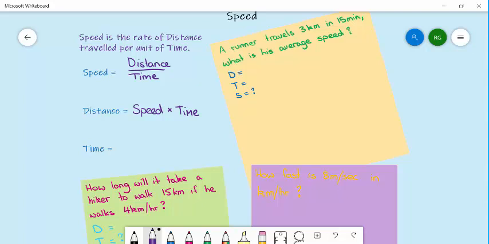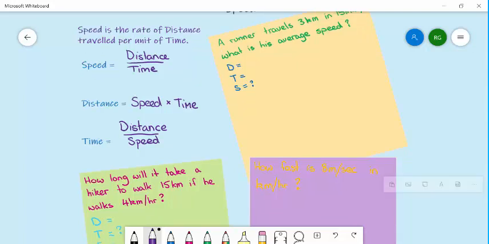And if we're going from that formula and we want to find out what time is equal to, we need to divide both sides by speed. Now, I'll let you work all of that out later and why we do those things. Distance divided by speed.